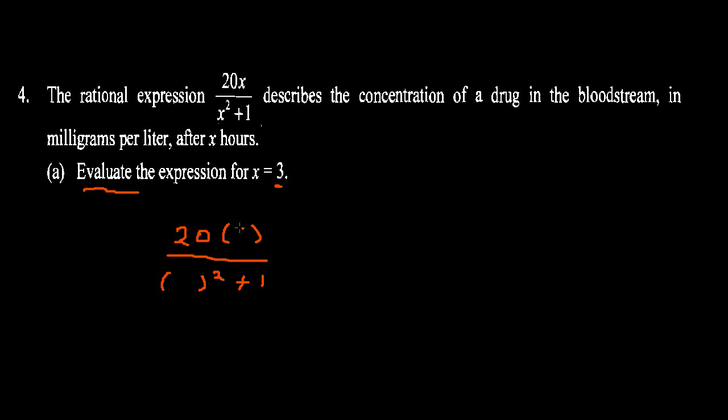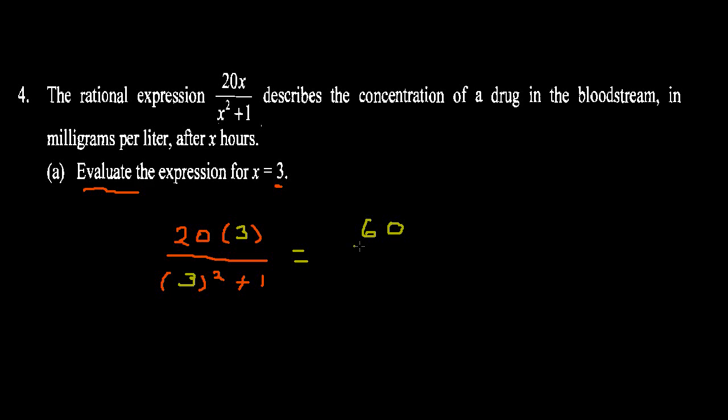And now I just go back and place into that parentheses what I'm plugging in for x. In this case it's 3, so there's a 3 there and 3 there. Okay, and then the next step is to just go ahead and simplify this. So 20 times 3 is 60.